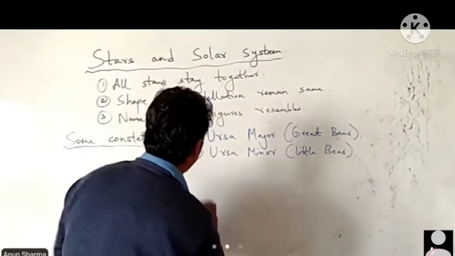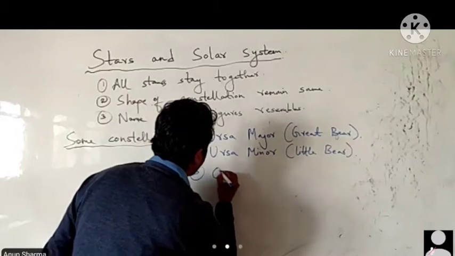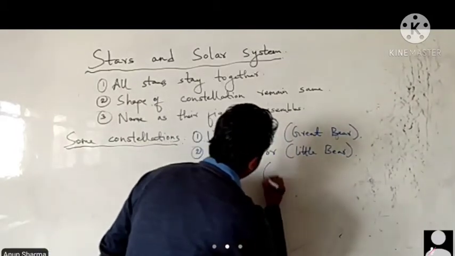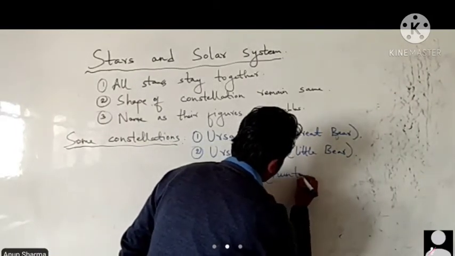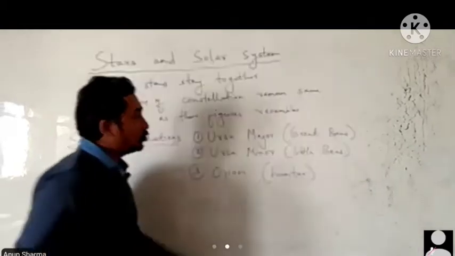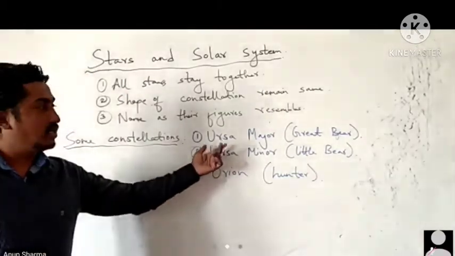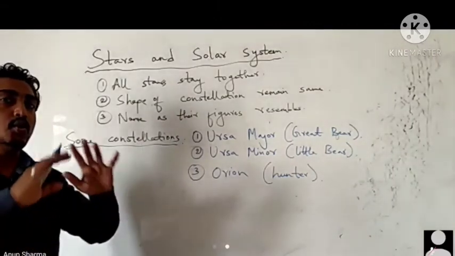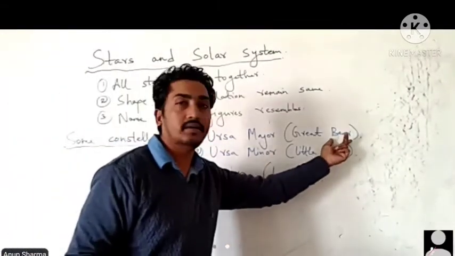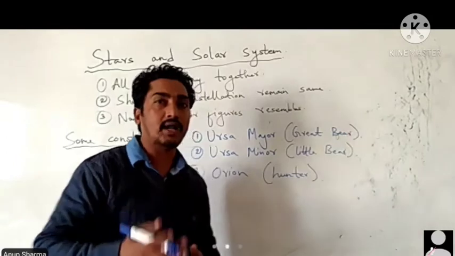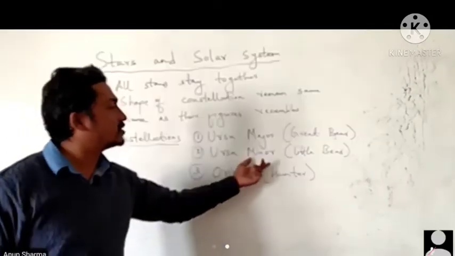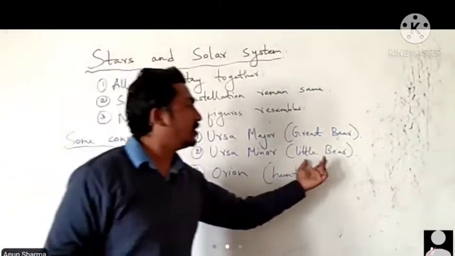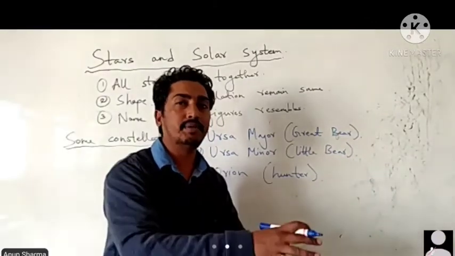Third we have Orion, also known as Hunter. Ursa Major is the group of constellations which resembles a bear, and Ursa Minor resembles a little bear, that means a baby bear.